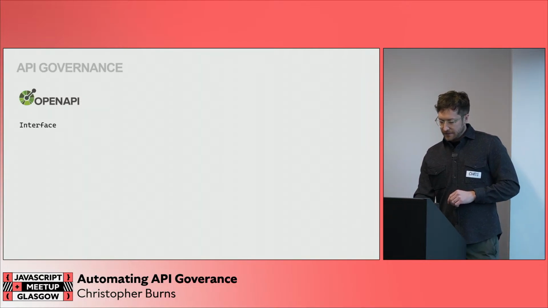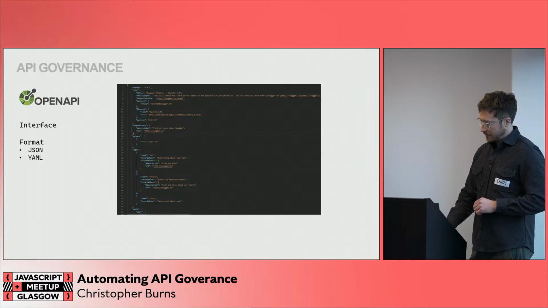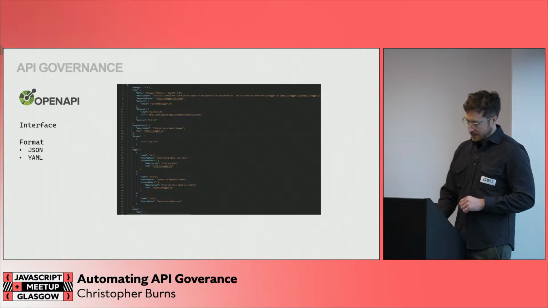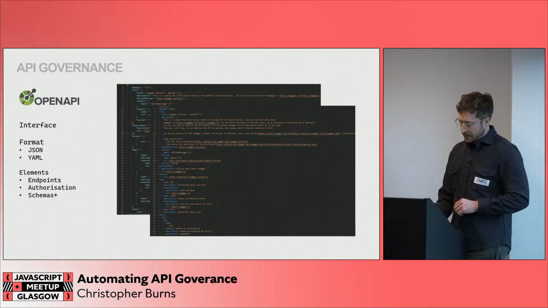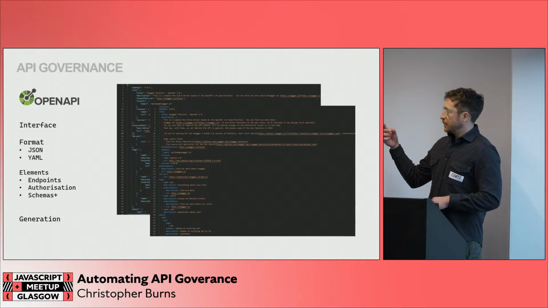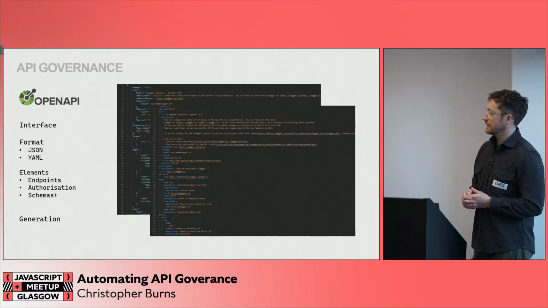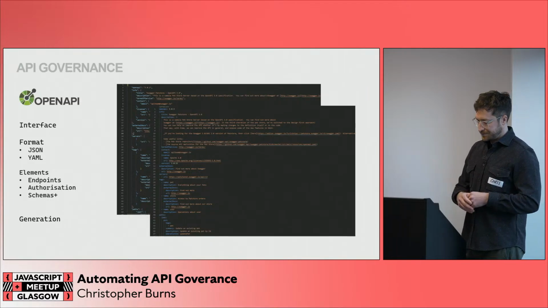It can be created in either JSON or YAML. See YAML there. And it typically describes elements like endpoints, how to authorize, schemas for your response objects, your request objects, tags, and much more.